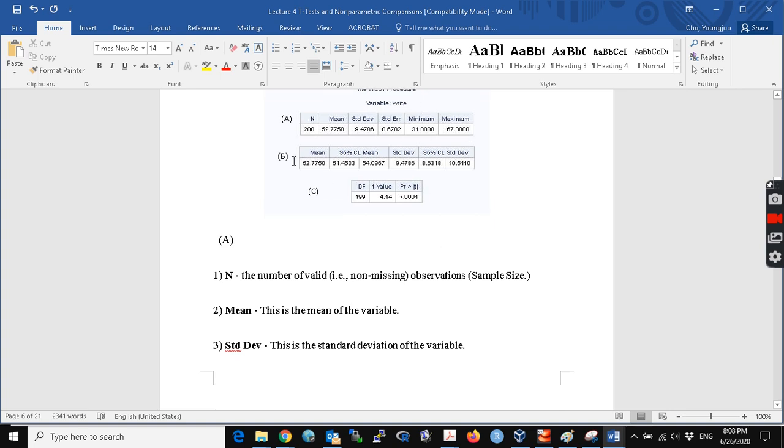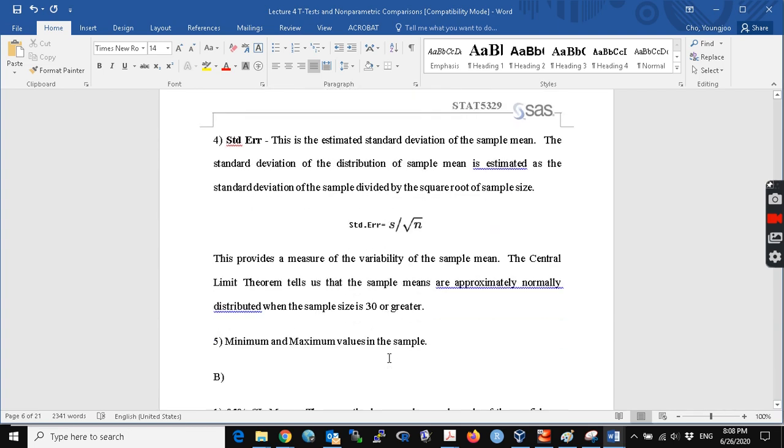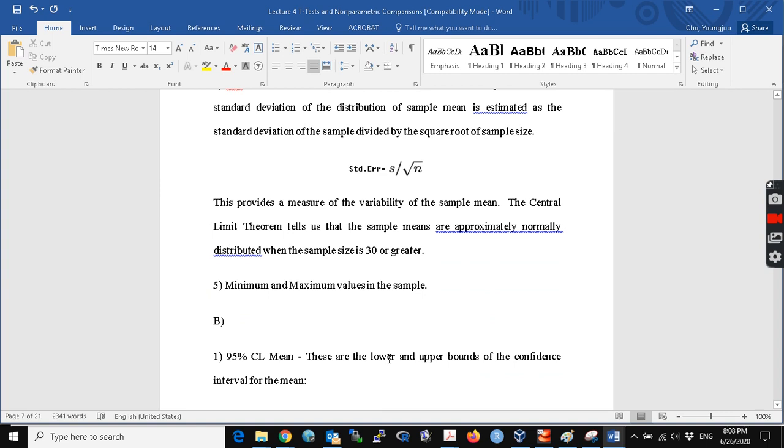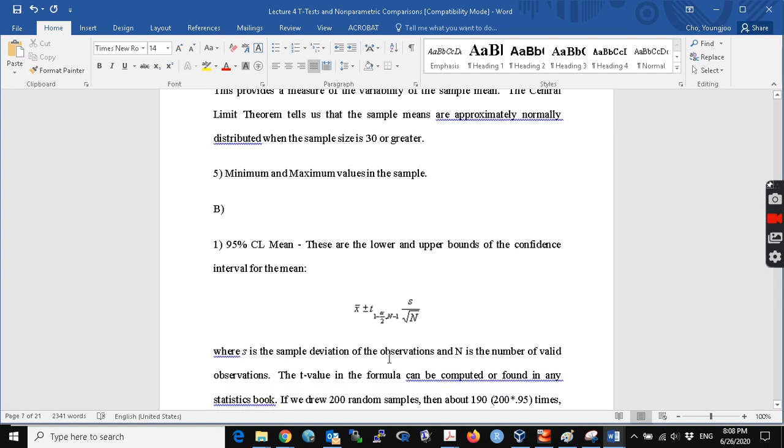And then we still have the mean here, and we have the 95% confidence interval of the mean, which is the lower and upper bound of the confidence interval for the mean, computed by x bar plus or minus t with 1 minus alpha divided by 2 and n minus 1 degrees of freedom, times s divided by the square root of n. This t value is the 100 times 1 minus alpha divided by 2 percentile with n minus 1 degrees of freedom.